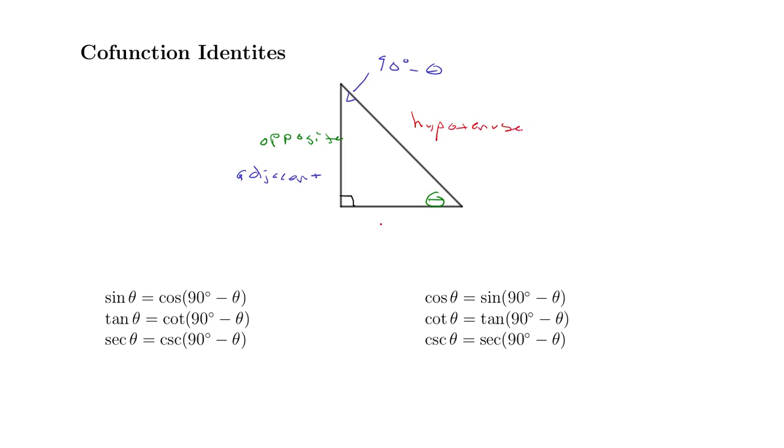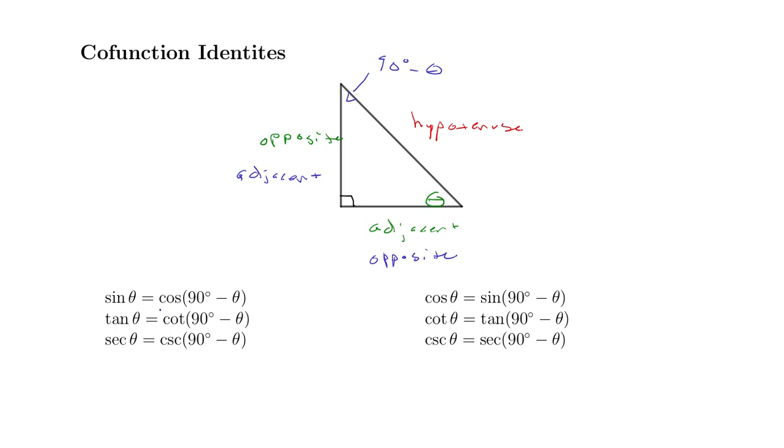I probably should have used the typing thing on here. Oh well. So that works out really nicely. Similarly, the adjacent leg in green is the same as the opposite leg in blue. And so then we get that sine and cosine matchup for these things here that we call cofunctions. Tangent and cotangent match up for these other angles, so we call them cofunctions. And secant and cosecant match up.